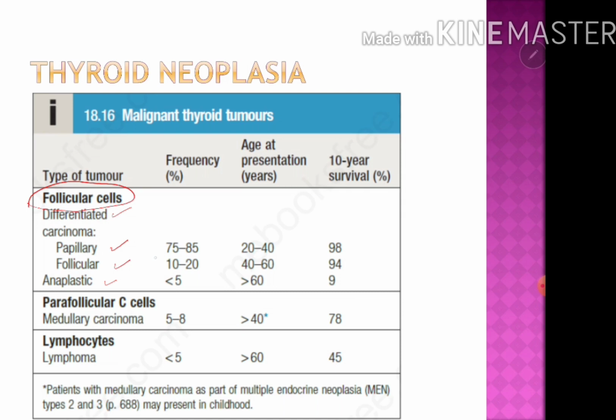Papillary carcinoma constitutes about 75 to 85% in frequency, and follicular carcinoma 10 to 20%, while anaplastic or undifferentiated carcinoma is less than 5%. The other type, which is non-follicular, comes from the parafollicular C cells and is called medullary thyroid carcinoma, and this constitutes about 5 to 8%. And the other is lymphoma, which is less than 5%.